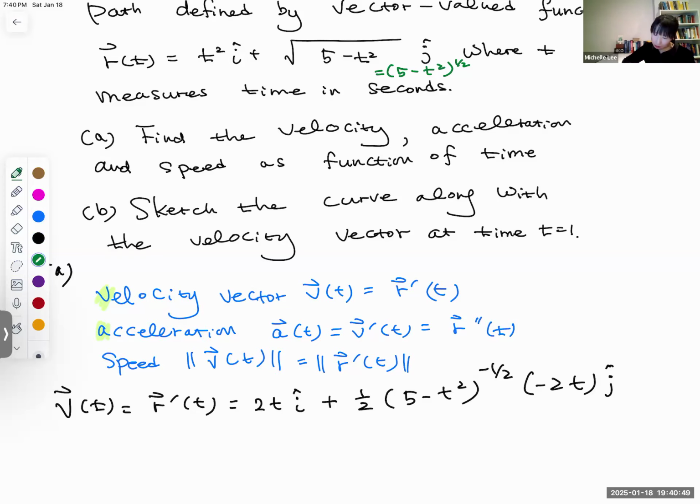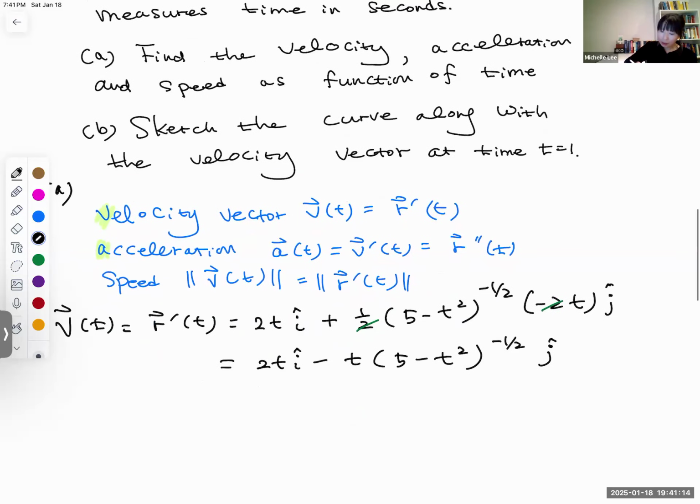That will be 2t i hat minus t times 5 minus t squared to the negative 1/2 j hat. Let's rewrite: 2t i hat minus t over 5 minus t squared to the 1/2.